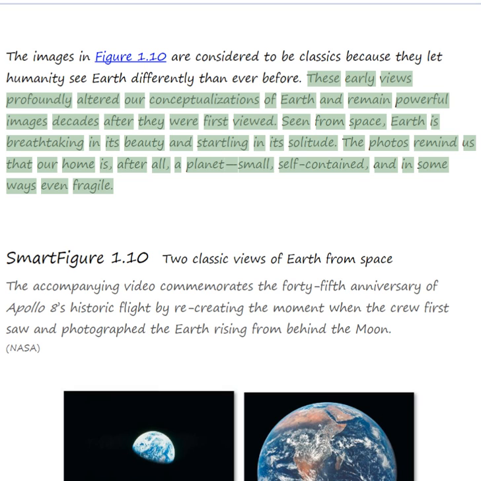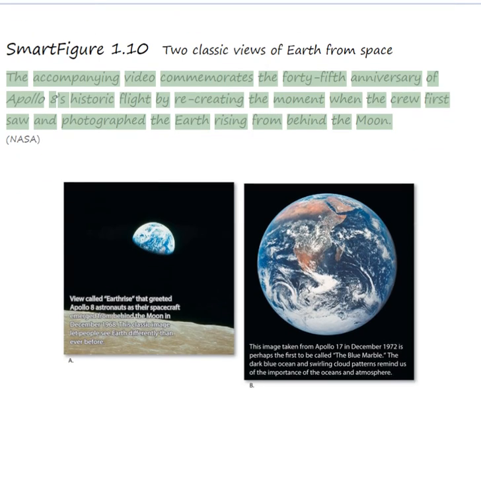The photos remind us that our home is, after all, a planet, small, self-contained, and in some ways even fragile. The accompanying video commemorates the 45th anniversary of Apollo 8's historic flight by recreating the moment when the crew first saw and photographed the Earth rising from behind the Moon.